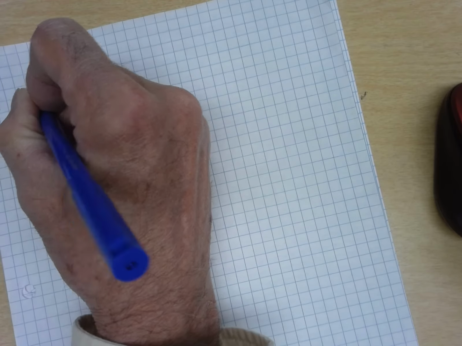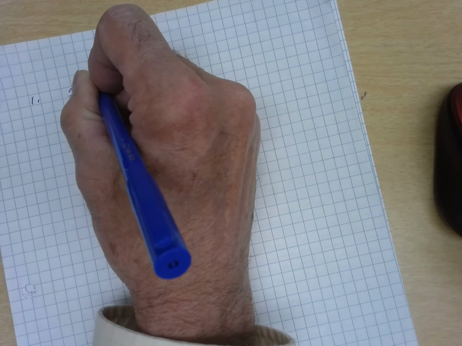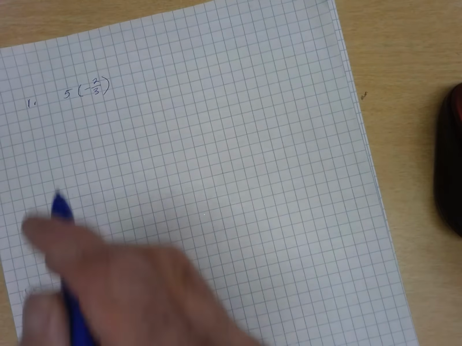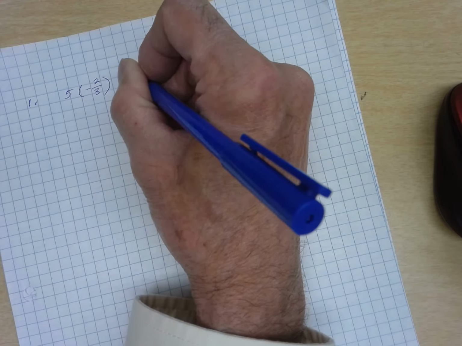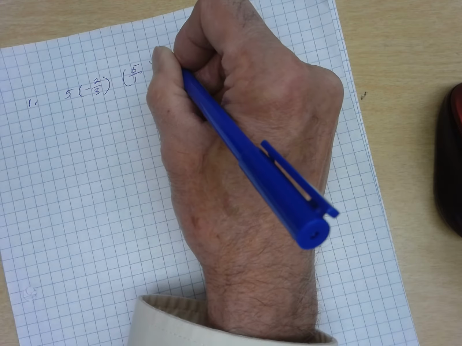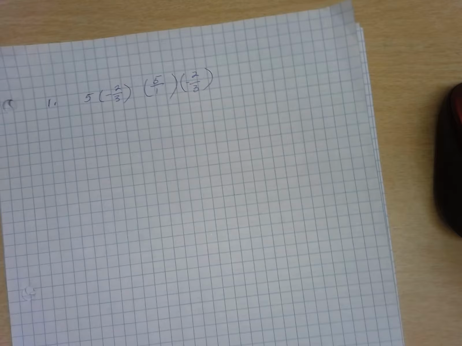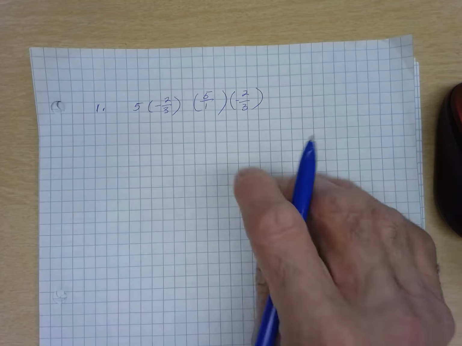Problem number 1, 5 times negative 2 over 3. Again, we're going to transform this 5 into a fraction, 5 over 1, times negative 2 over 3. So the first thing you can see, there's really nothing I can do as far as factoring anything out.